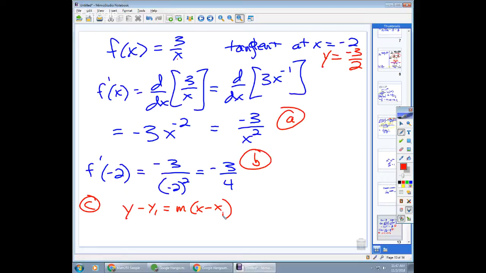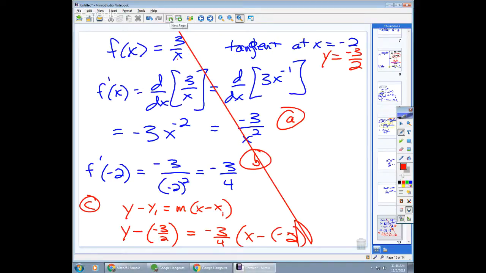So here, I carefully go y minus -3/2 equals m negative, lots of negatives flying around here, x minus parentheses -2. So then we just carefully evaluate all of those negatives.